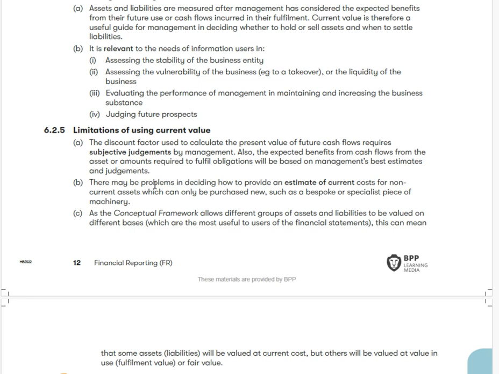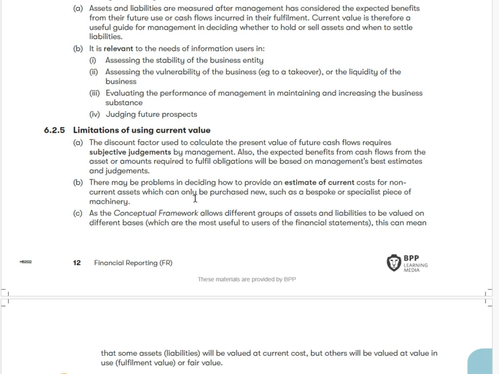There may be a problem in deciding how to provide an estimate of current cost for a non-current asset which can only be purchased new, such as a bespoke or specialist piece of machinery. That is the machinery that you are using only for your purpose. It is not freely available in the market.